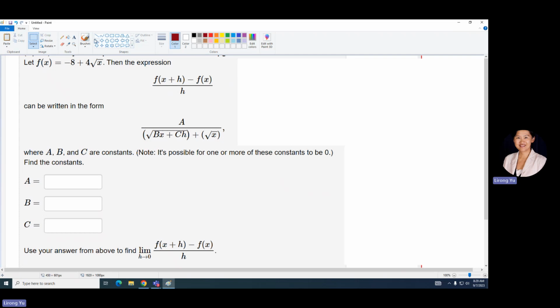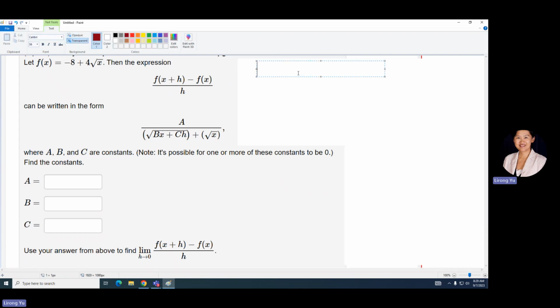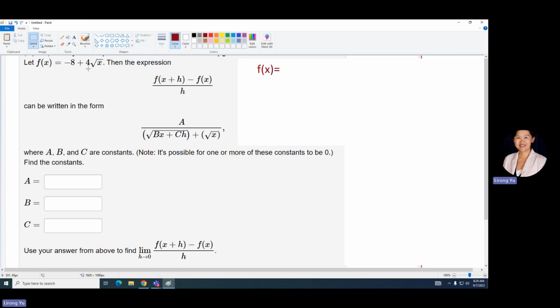So the first thing we want to do, maybe we write out f of x. According to the definition, f of x is right here: -8 plus 4 root x. You can take it straight from the definition. That's the f of x. All right, and then we have f of x plus h.